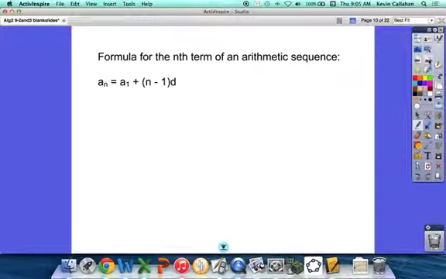And what is d? The common difference, right? So the two things you've got to plug into that formula are a1 and d.